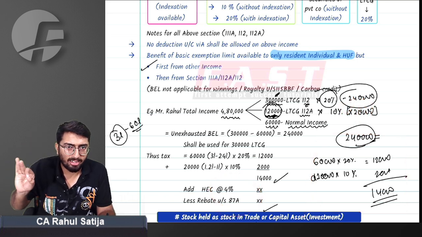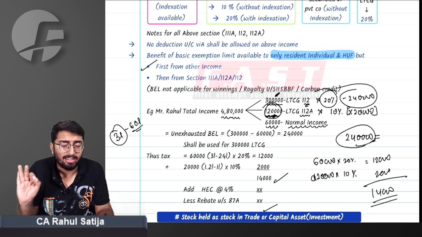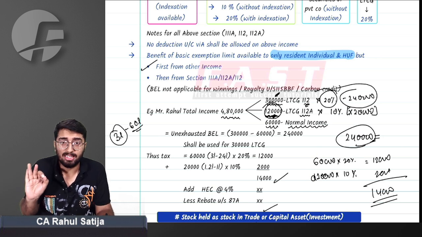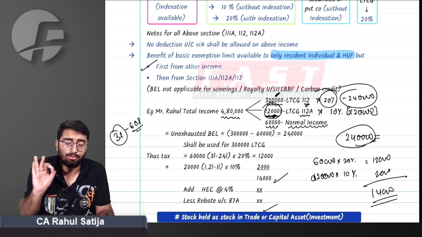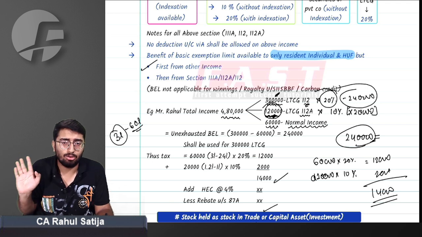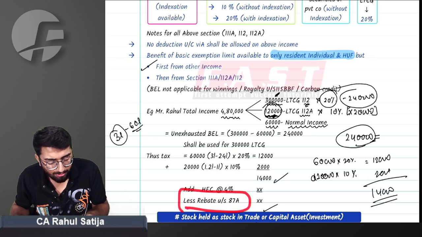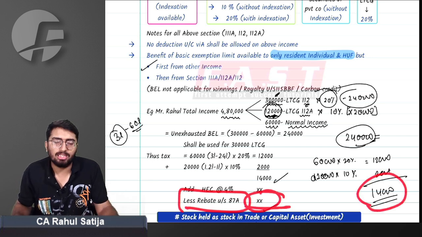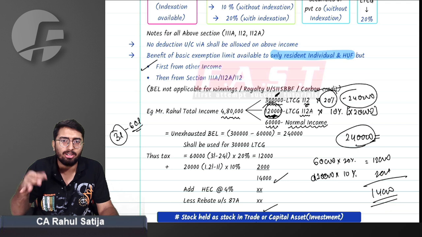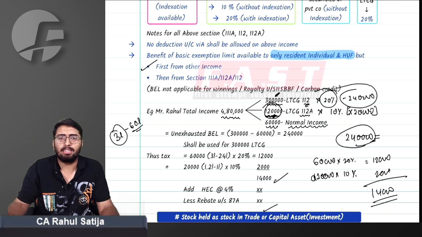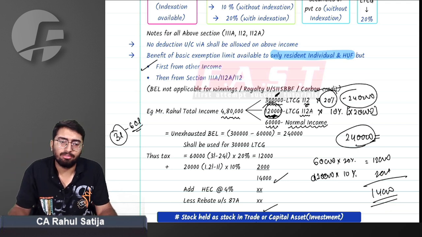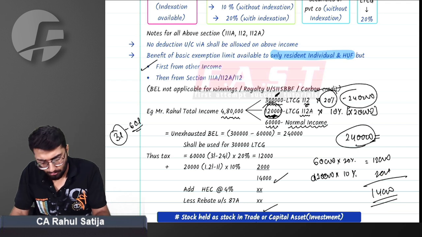But for your CA Final curriculum, ICAI has not notified yet whether rebate under section 87A will be available in the new tax regime for specially taxed income. ICAI has not notified, so we will be going with the old curriculum. We will be allowing rebate for any specially taxed income under 115BAC.